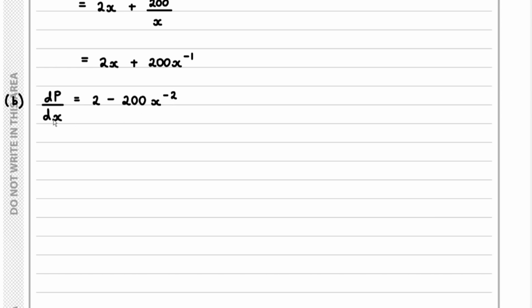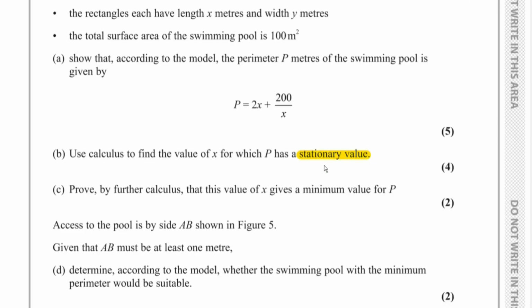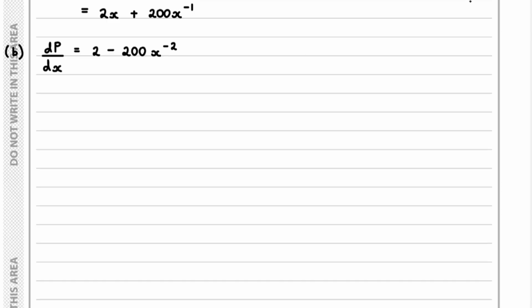So we have dp over dx equals 2 subtract 200x to the negative 2. And because we are concerned with the stationary value, we would have to set dp over dx equal to 0. So we have 2 subtract 200x to the negative 2 equals 0, and if we rearrange, x squared is equal to 100, which means x is equal to 10.